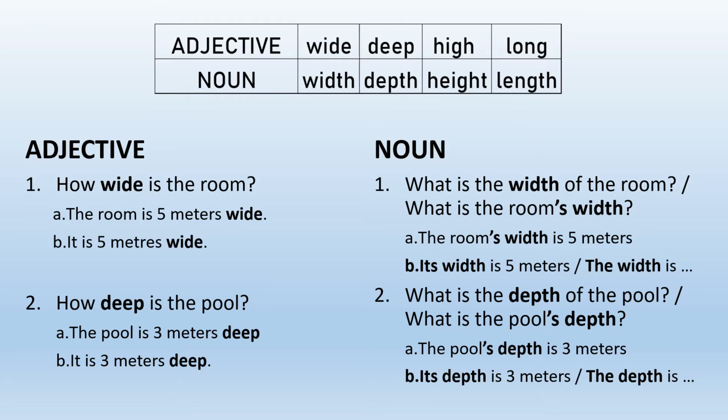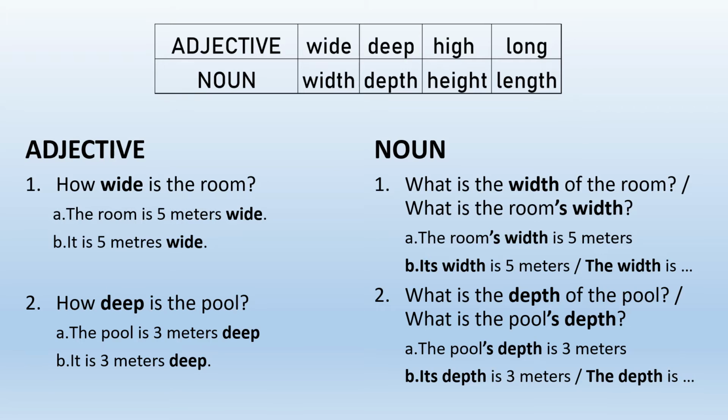Number one, how wide is the room? How wide? So we are going to use the word wide adjective. So the answer should be using adjective. And the format is the room is 5 meters wide. Or another answer will be it is 5 meters wide.